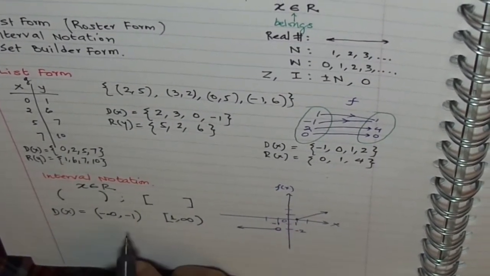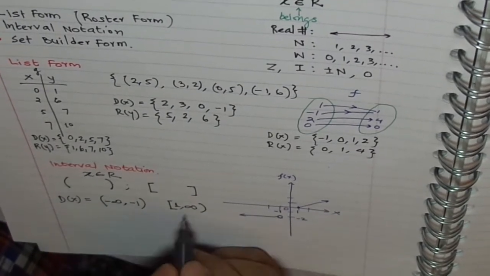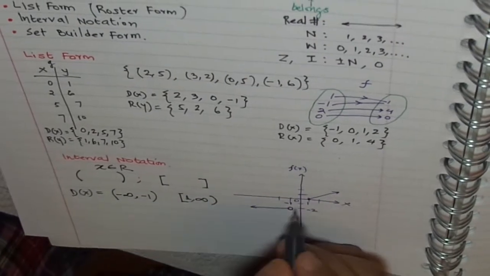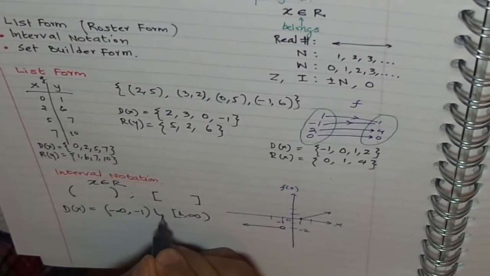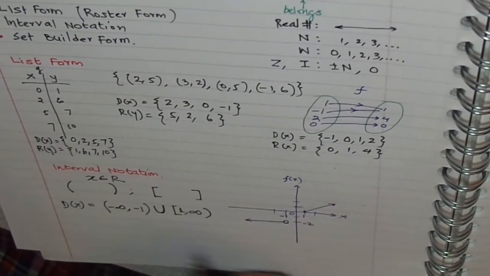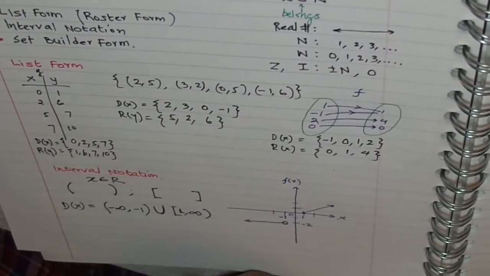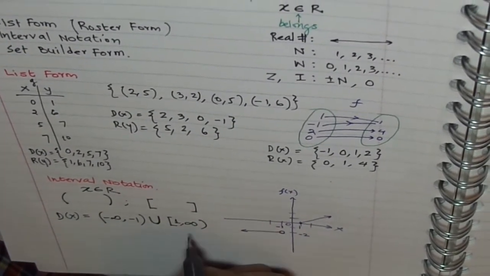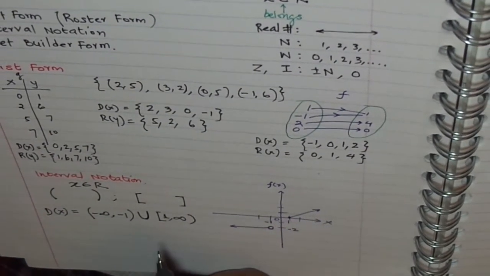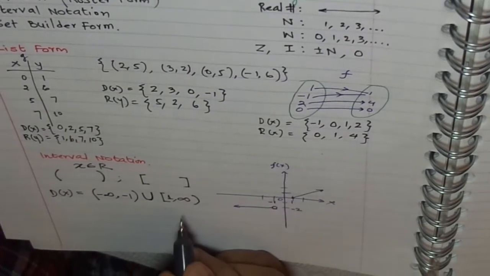So the domain is the union of both things. It includes both these x values falling in this region. So we can write union in between, okay? So this symbol U is union. At times we can also write a comma, right? And then just say this and this, correct? So this is one way of writing it. This is interval notation, very convenient to write.